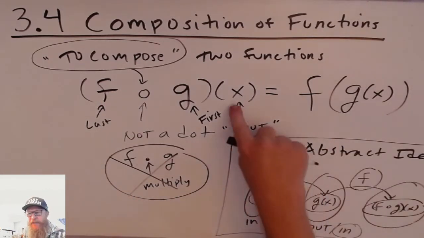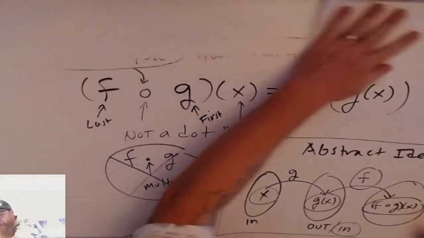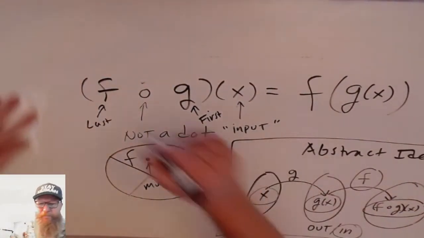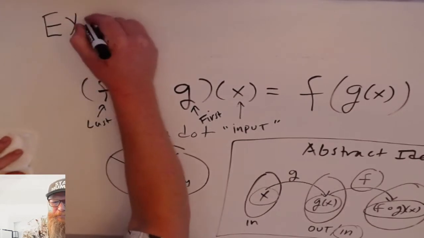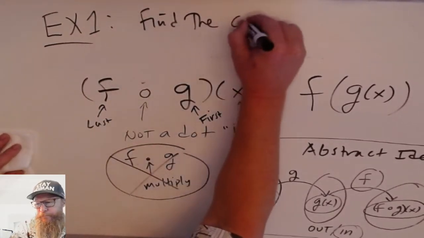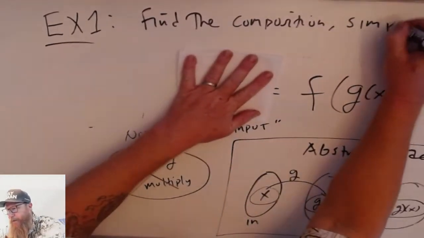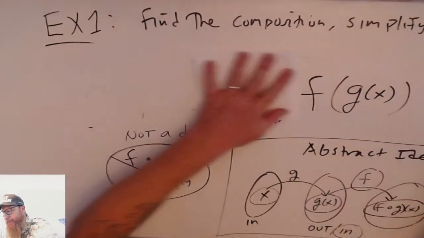We'll start off by doing it with a variable, and then we'll eventually expand this to numbers and actually plugging in values for f and g. So in all of these examples, I'm going to want you to simplify the result.